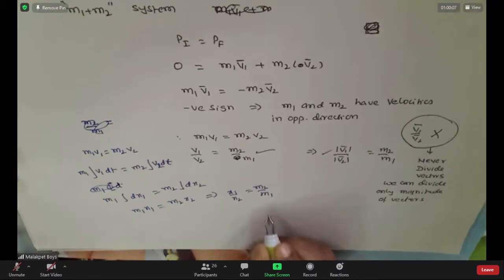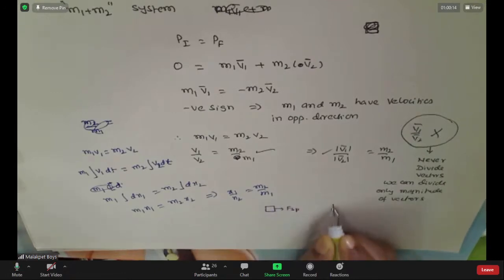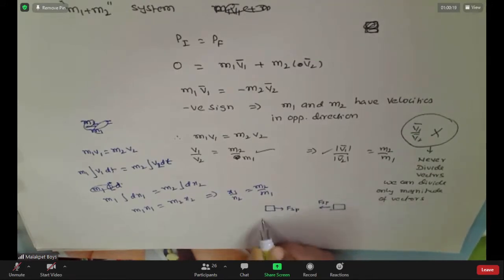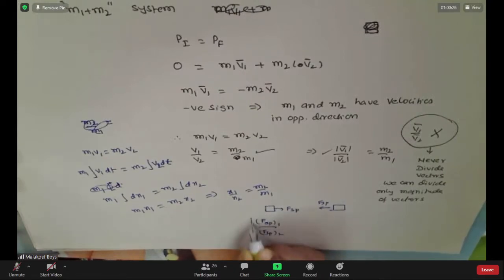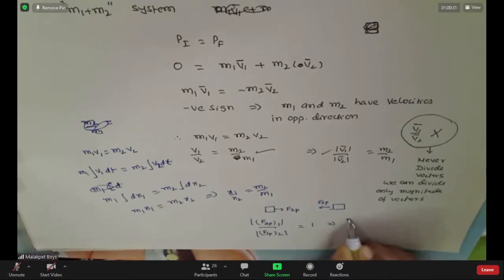See, what is the force on each one? This is spring force on the first block. On the second block, this is spring force. Now both spring forces are the same, no? Magnitude wise, yes. So the acceleration of the first one gives you A1 by A2 is this.